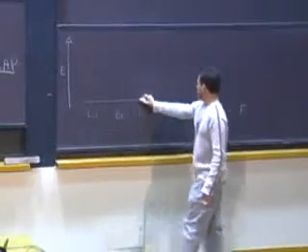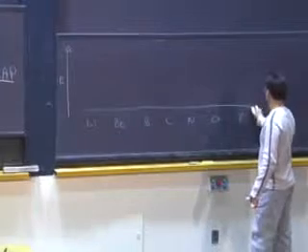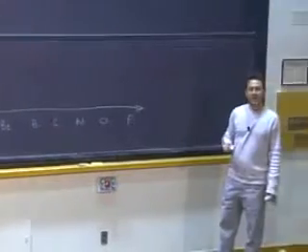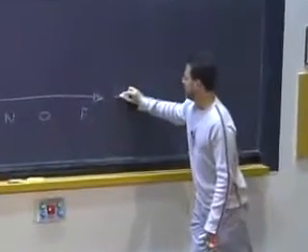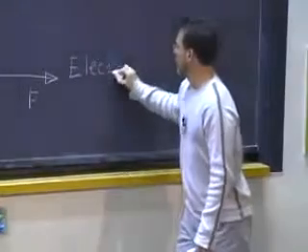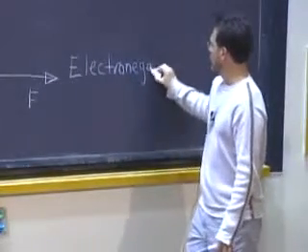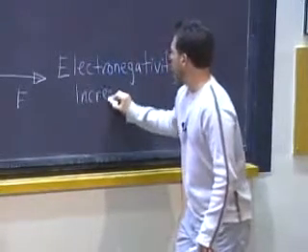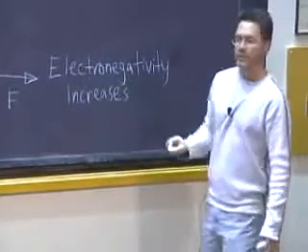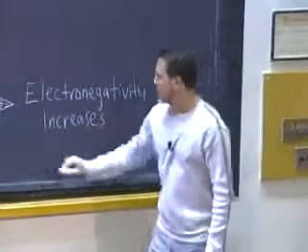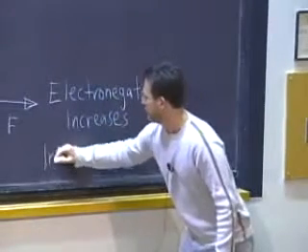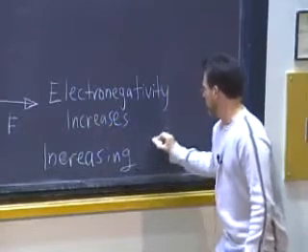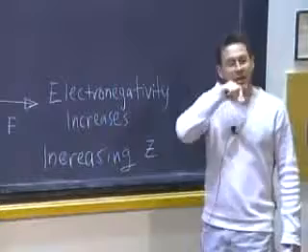So as we go from left to right, one of the things that you know from your study of the periodic table is that electronegativity increases. This increases from left to right across the periodic table in concert with increasing Z. That is the increasing atomic number.